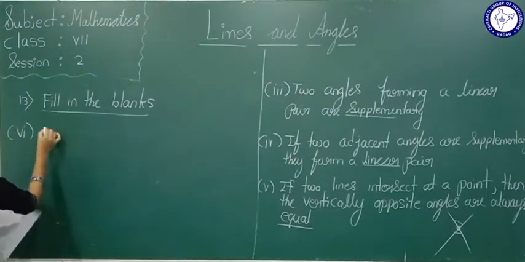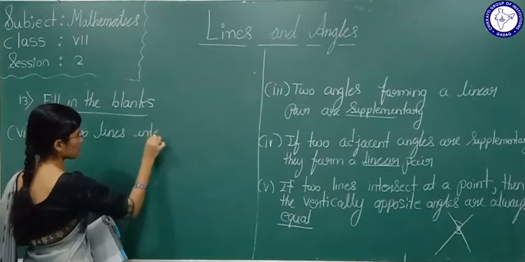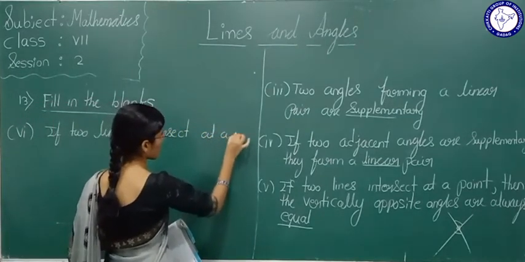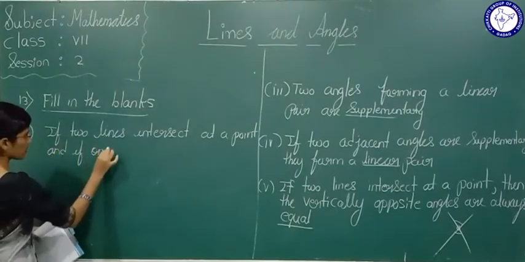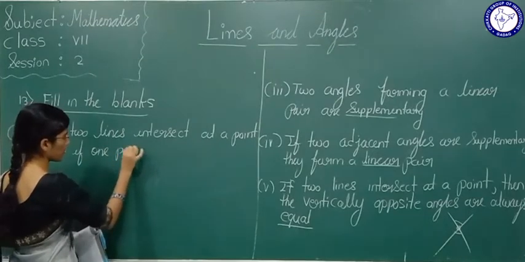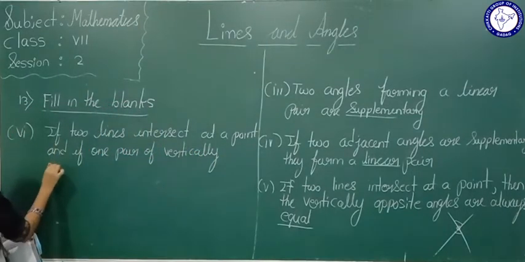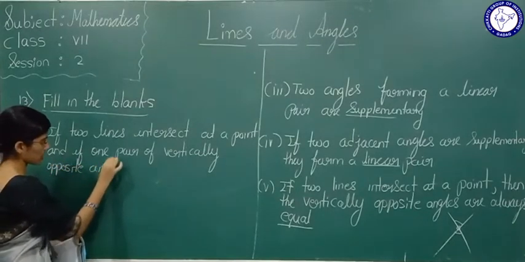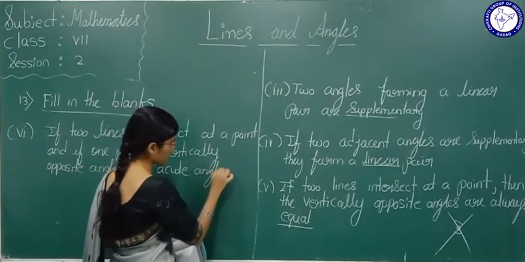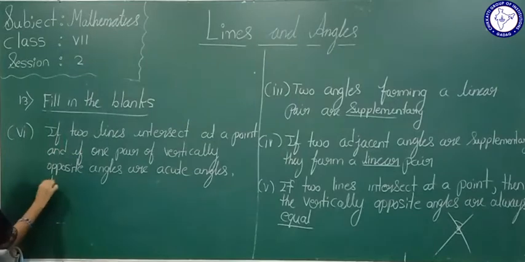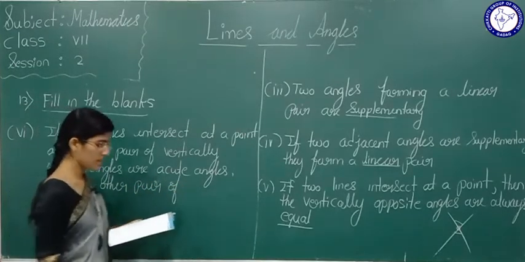Now say the sixth one. If two lines intersect at a point, and if one pair of vertically opposite angles are acute angles, then the other pair of vertically opposite angles are dash.